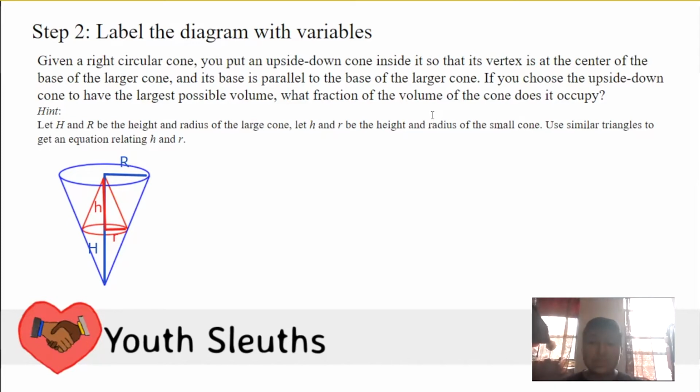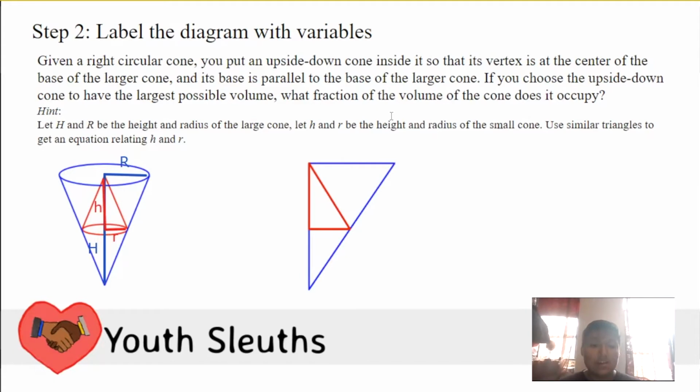Now, the challenging part of this question will be the last part of our hint. We have to use similar triangles to get the equation we want. So for this, we'd have to find the cross section to turn a three-dimensional shape into a two-dimensional shape. If we look here, this would be the two-dimensional triangle that will come out. Now we have to prove that the triangles in this one are similar.